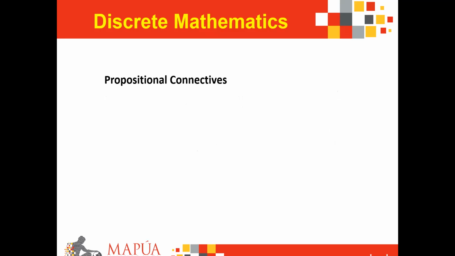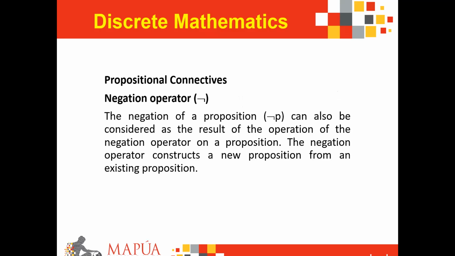What are the different propositional connectives that are used for your corresponding propositions? You have the negation operator given by this corresponding symbol. The negation is a proposition that inverts the truth value input on your corresponding connective.